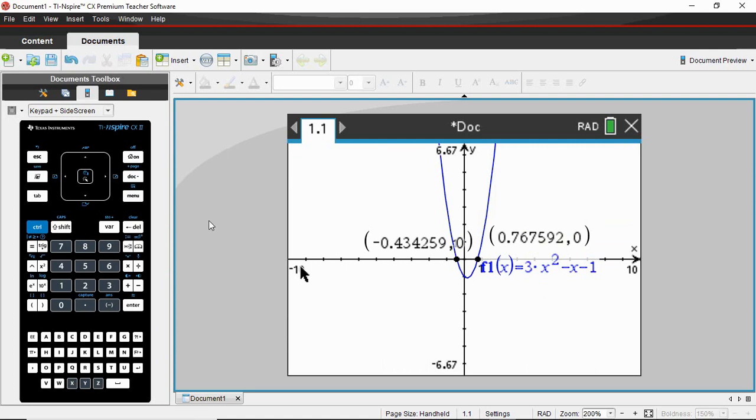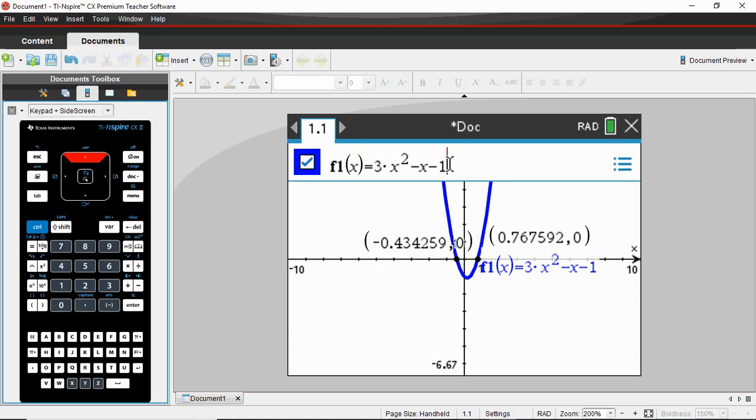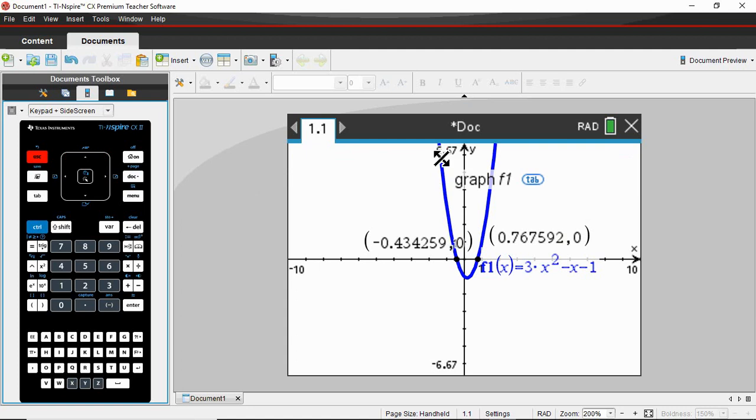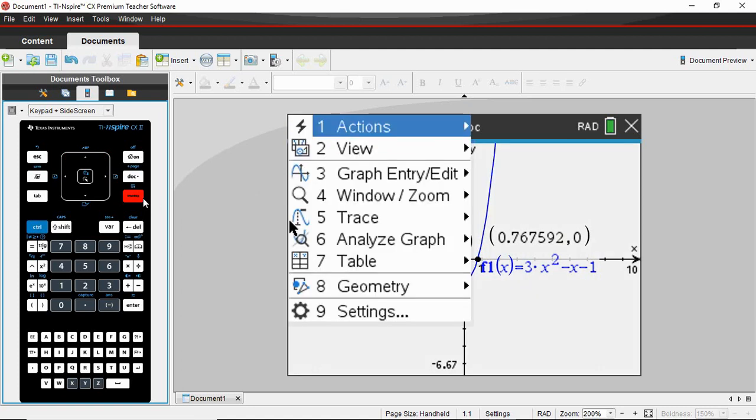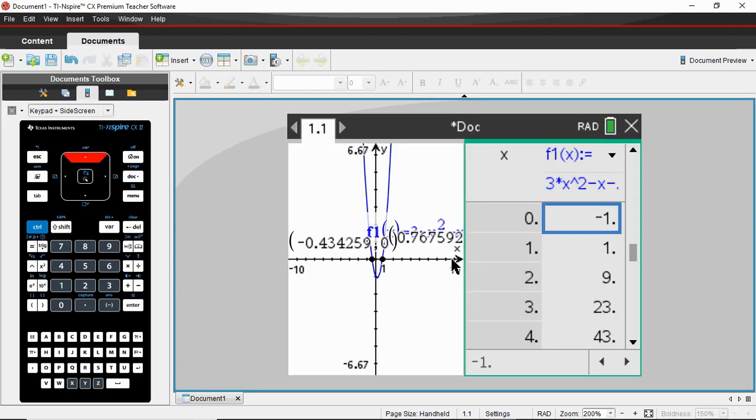Now I want the y-intercept. Well, I mean, the quickest thing is really just to recognize that it has to be -1 from the equation, but I don't know if you didn't figure that out. The calculator can still get it to you. If you make a table, you can check there, scrolling up, when x is 0, y is -1.